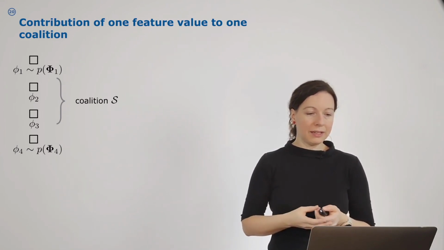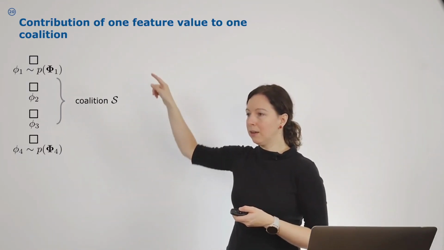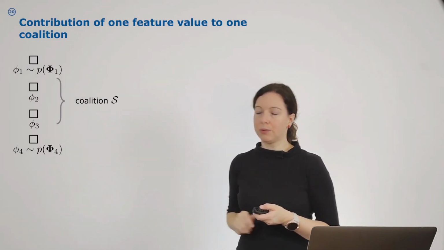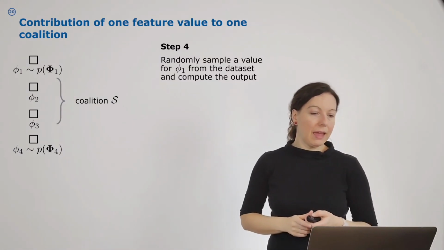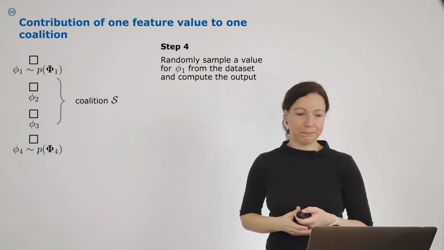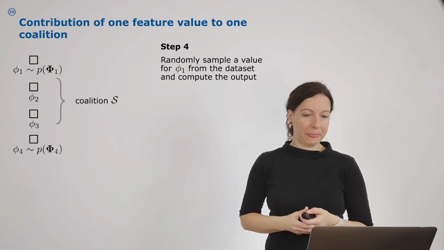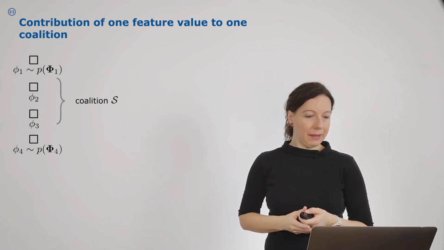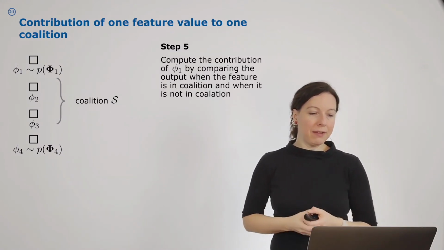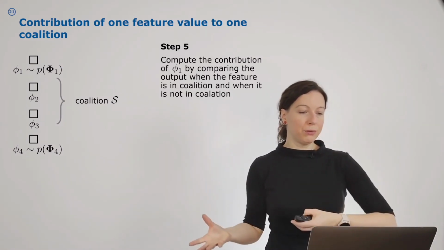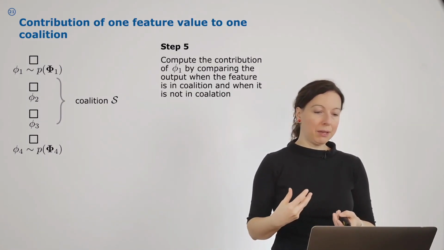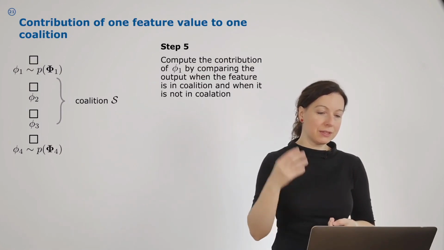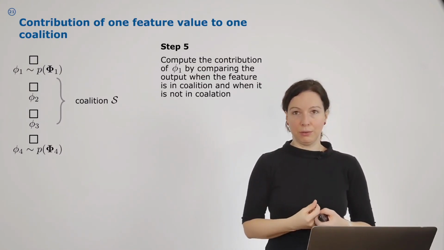So the coalition again is now smaller. You have random samples for phi 1 and phi 4, and you compute the output. This is step 4. Okay, so step 5 is now you compute the contribution of phi 1 by comparing the output when the feature is in a coalition and when it's not in a coalition.